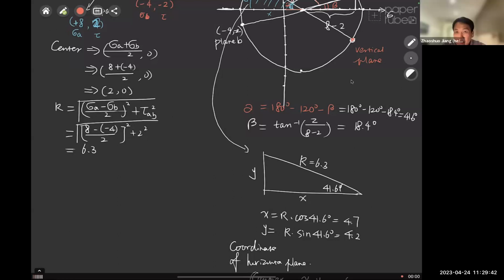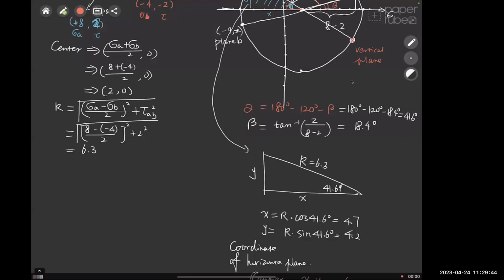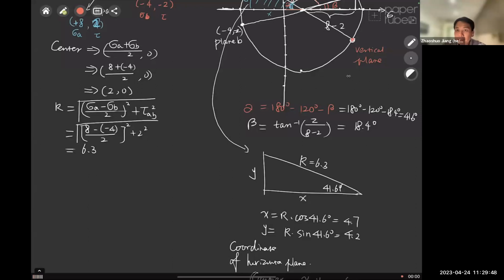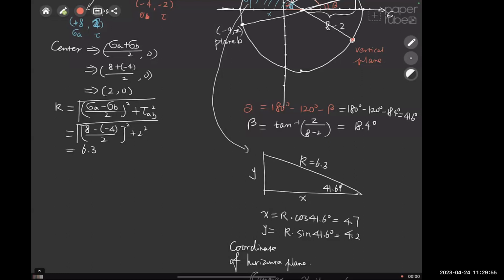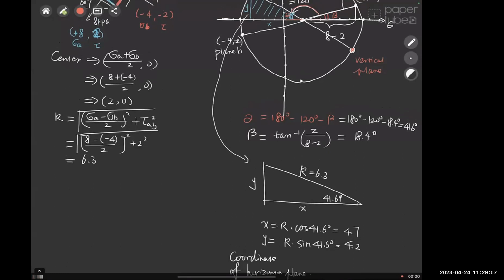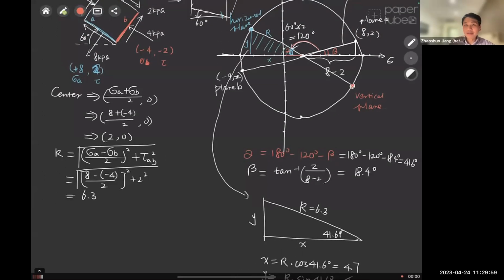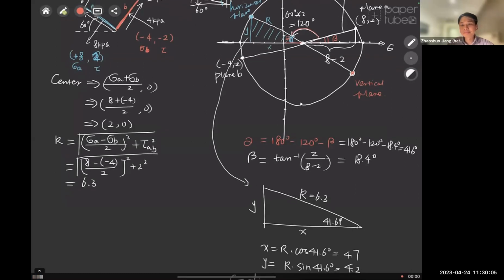Yeah, inverse tangent, right? Did I say inverse tangent or did I say something else? I don't remember. No, you said inverse tangent. Okay. Since we have the vertical side, we have the bottom side, right? That should be inverse tangent.